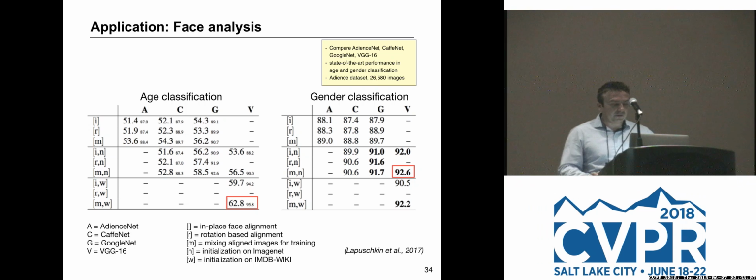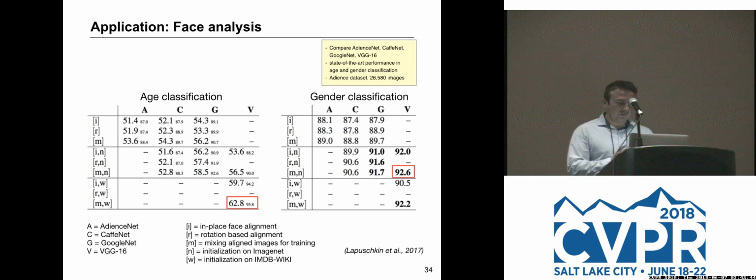We got near state-of-the-art performance on this data set and had a presentation at last year's ICCV workshop. Here you see that we compared different model configurations. For example, the performance for age classification is best when we mix the aligned images with non-aligned images, initialize the model on the IMDB-WIKI dataset, and also use the VGGNet.